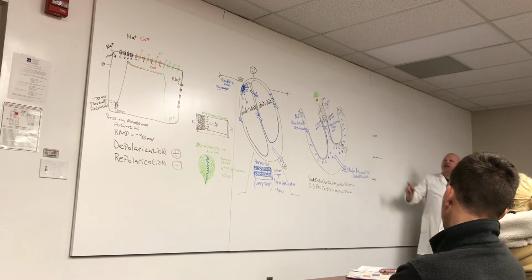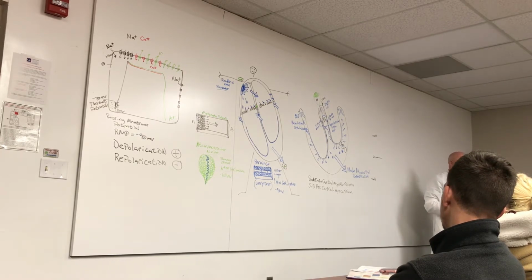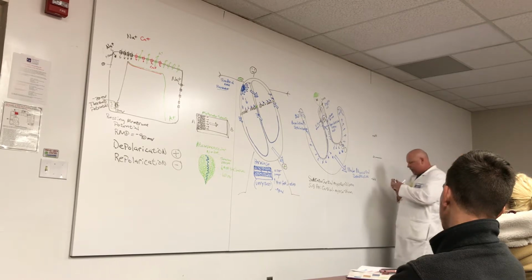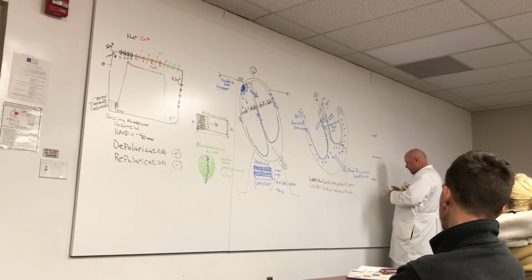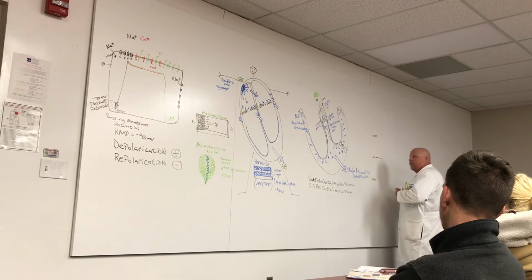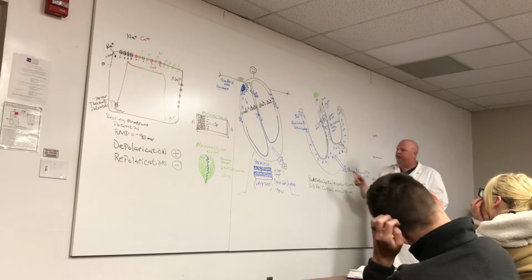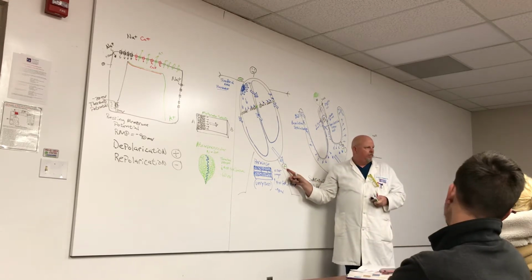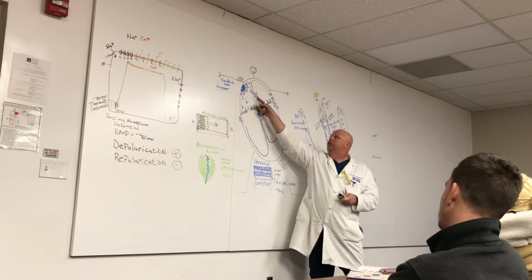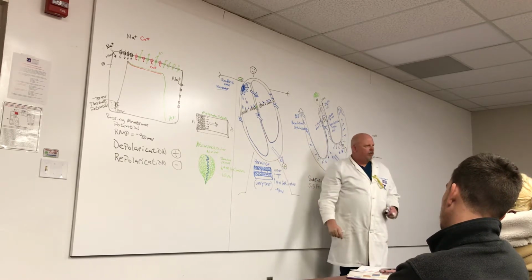Now, the first electrical event we talked about is atrial depolarization, down and to the left, right? Down and to the left. So down and to the left is positive in which direction? So positive, you guys remember algebra?